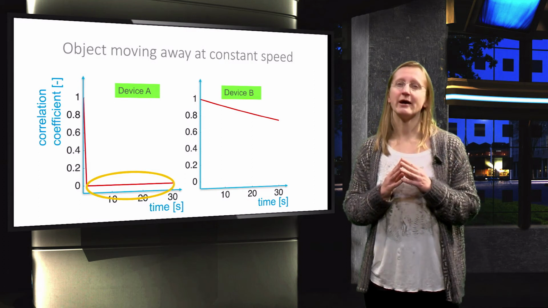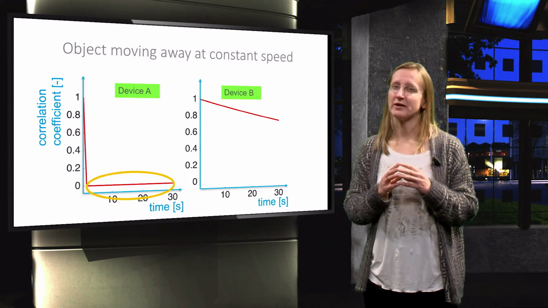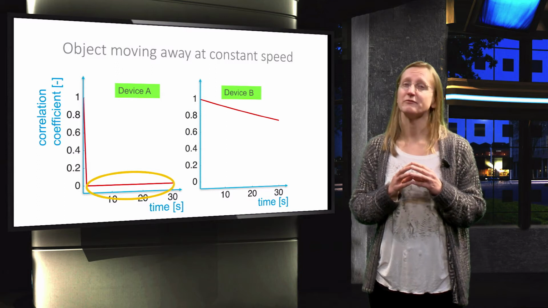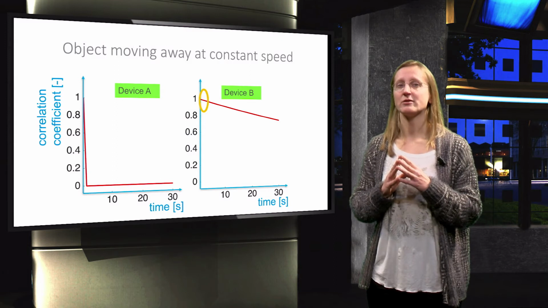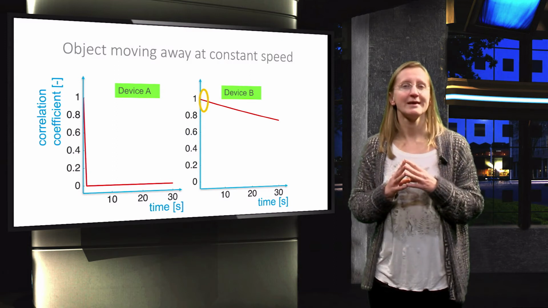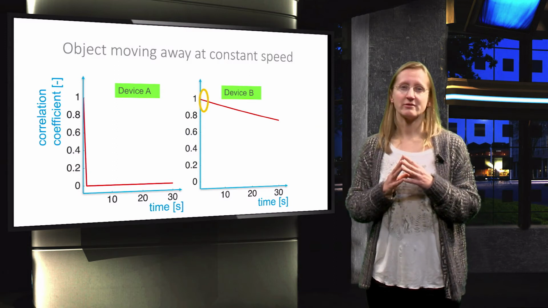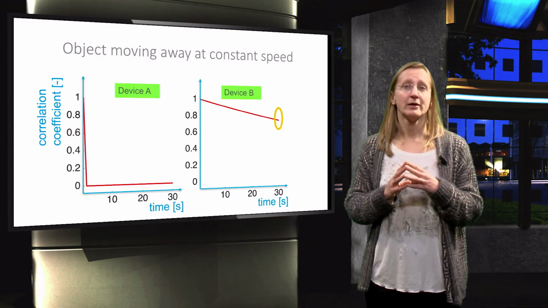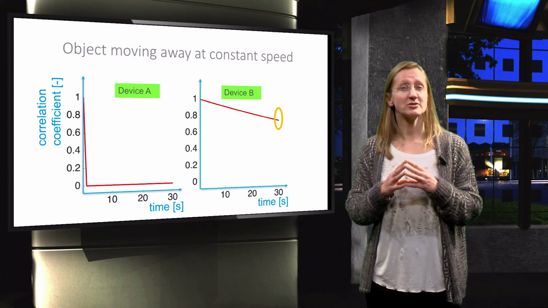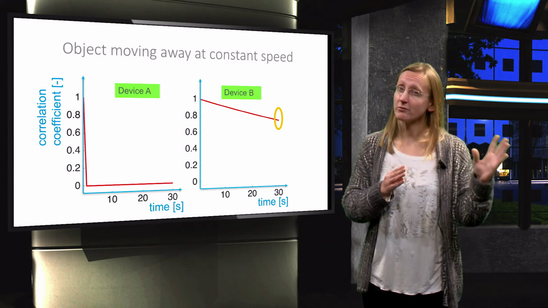For device B, however, subsequent observations may have a correlation coefficient very close to 1, which explains that the random errors are very similar. Even after 30 epochs, there is still a high correlation of almost 0.8, which means that in our example, the last observation is still strongly correlated to the first one.